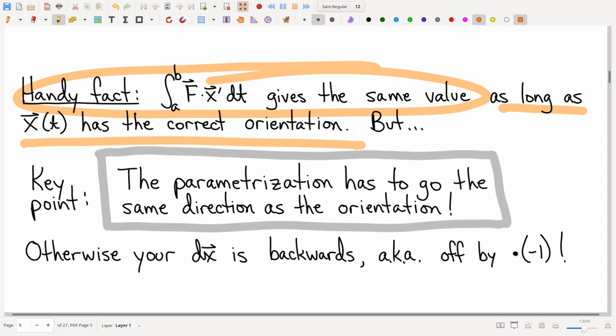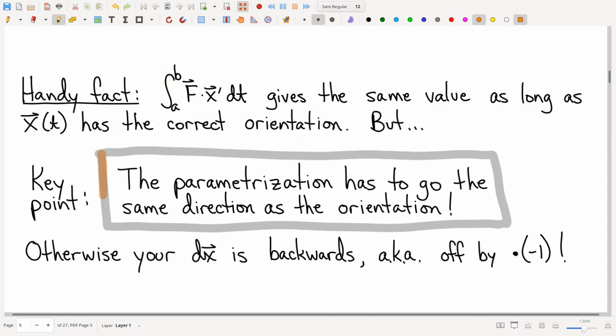Yeah, the big takeaway here is that this is what you have to watch out for. Make sure that you parameterize in the correct direction. Now what happens if you parameterize the wrong way? How bad is it? Well, all your differentials are exactly backwards.